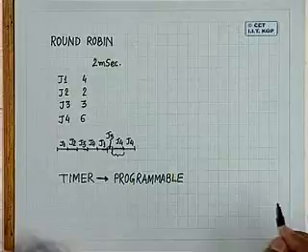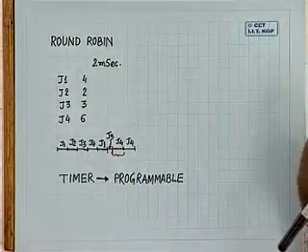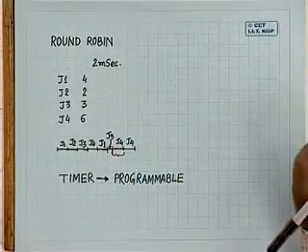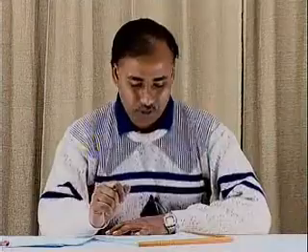So what has to be done now? Whenever the CPU scheduler decides that a new job has to be allocated to the CPU, immediately the timer has to be reset.